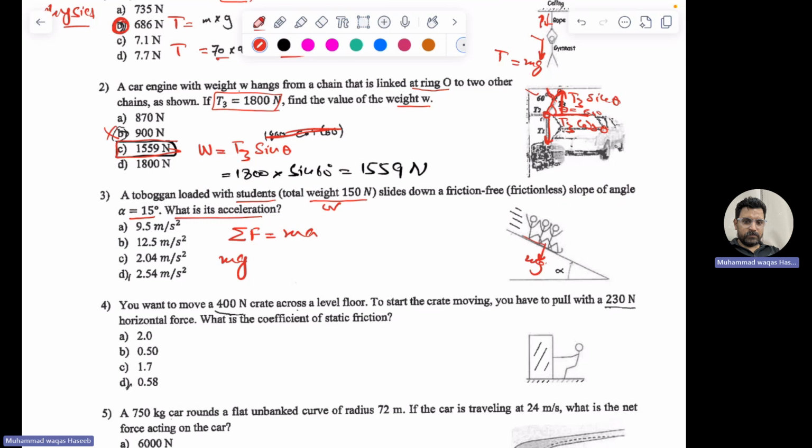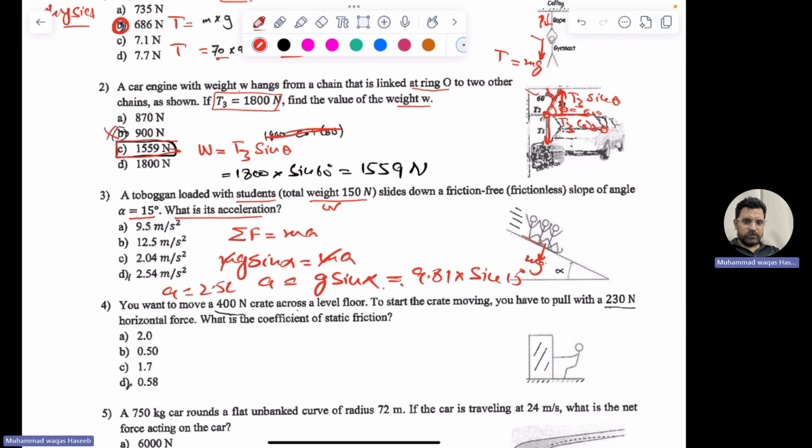We take the component along the slope, mg sine alpha equals mass times acceleration. The masses cancel out, so acceleration is g sine alpha, that is 9.81 multiplied by sine 15 degrees. So your acceleration will be 2.54 meters per second squared.